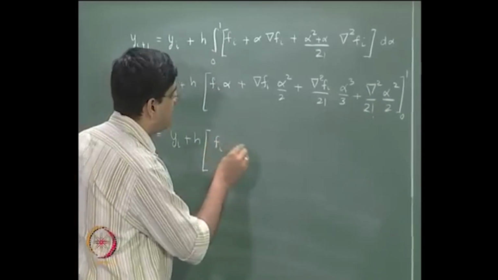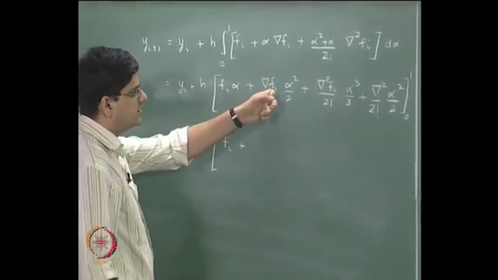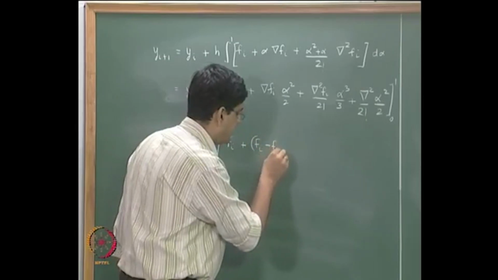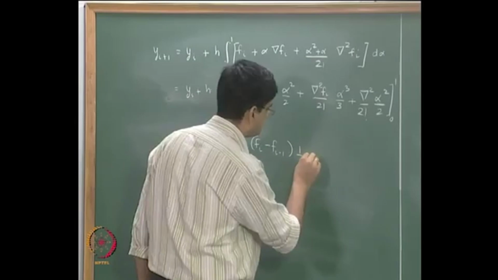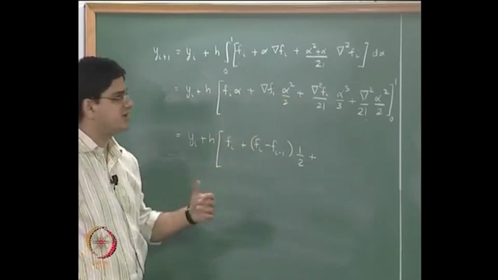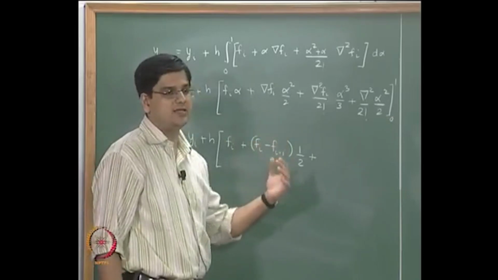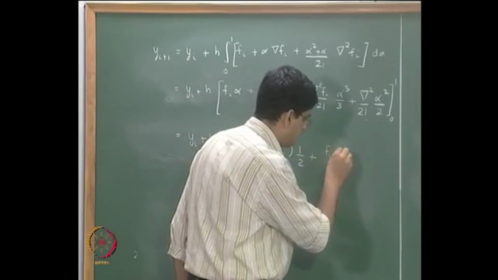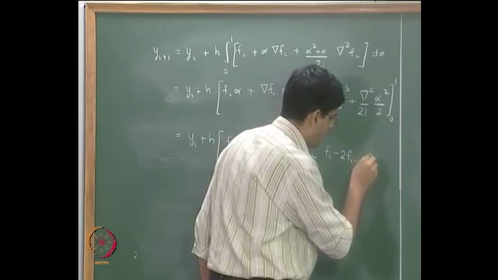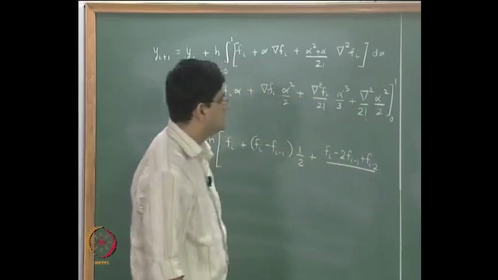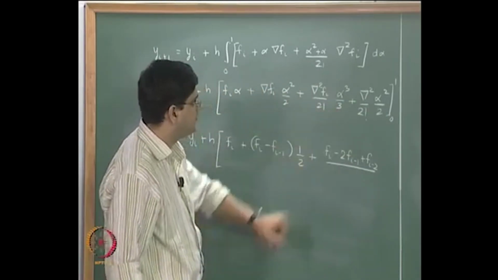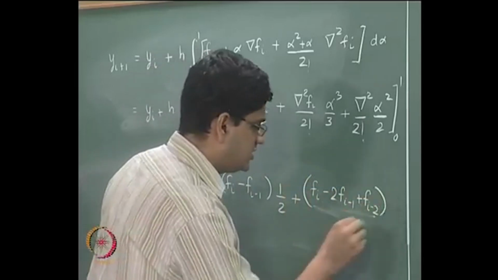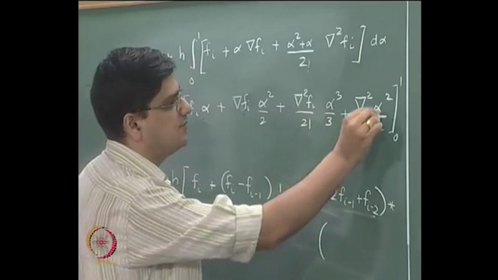by 1. So, we will have fi multiplied by 1 plus del fi is nothing but fi minus fi minus 1, multiplied by half, plus del square fi, if we recall, it is fi minus 2 times fi minus 1 plus fi minus 2, and this entire term is going to be multiplied by 1 by 6 plus 1 by 4.